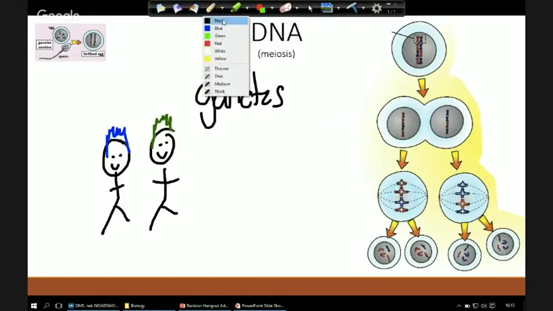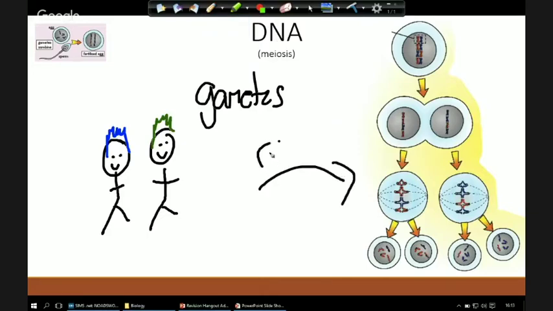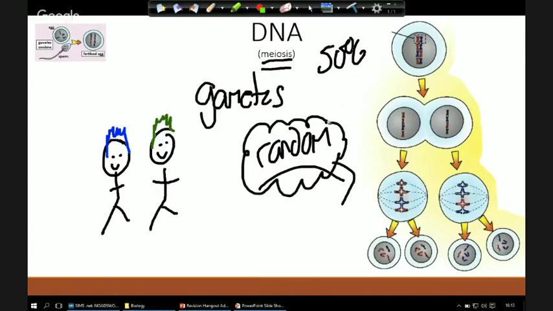And this comes because of 2 divisions, of which one is randomizing our chromosomes. So meiosis is giving us 50% DNA, unlike mitosis, which gives us 100%. Now, meiosis will only tend to come up in the higher paper. The key bit to remember is the randomization.